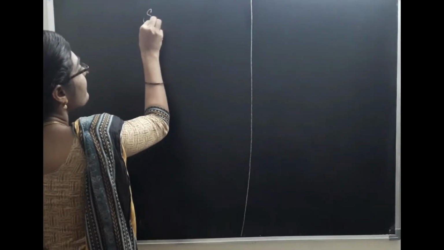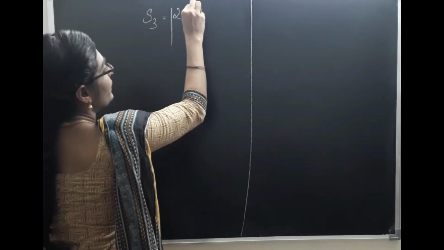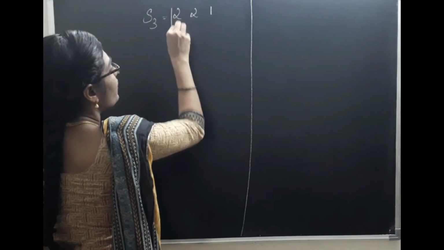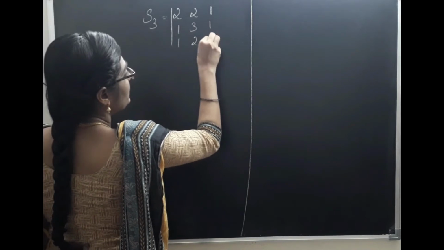S3 is given by the determinant of A. Let me write the matrix here: [2, 2, 1; 1, 3, 1; 1, 2, 2].